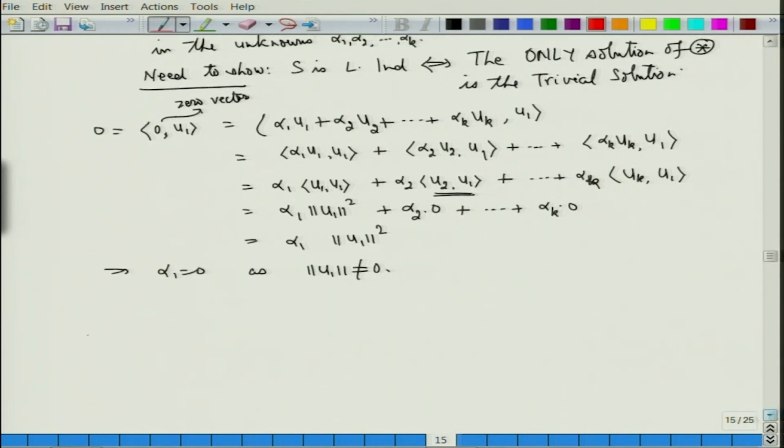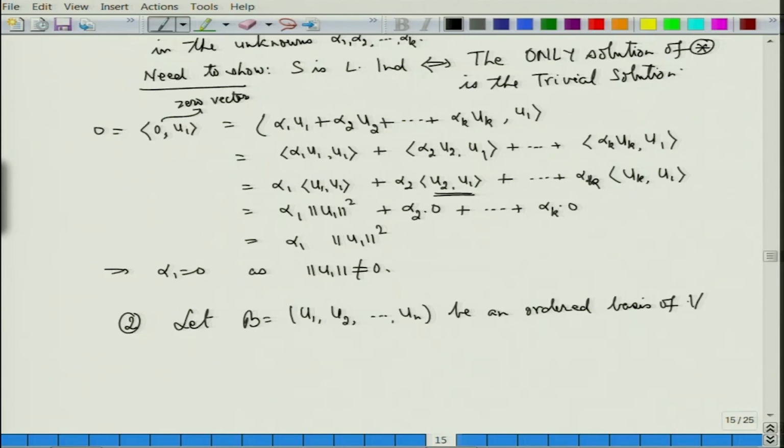Second thing, which is again very important: let B equal u1, u2, up to un be an ordered basis of a vector space V, an inner product space, with dimension of V equal to n.